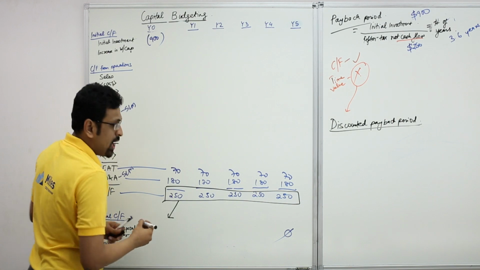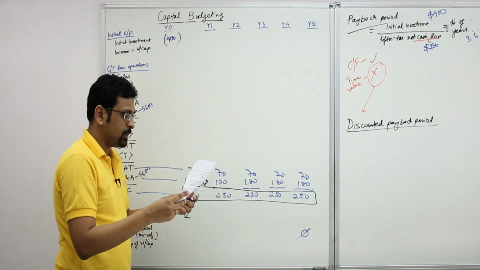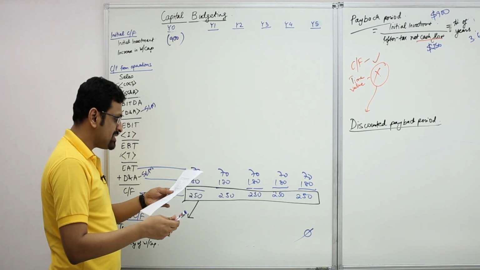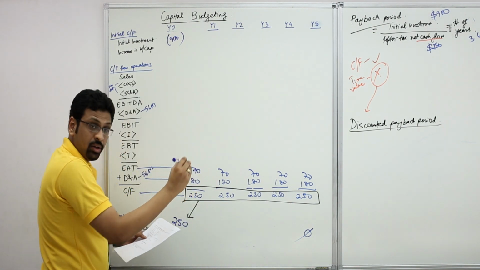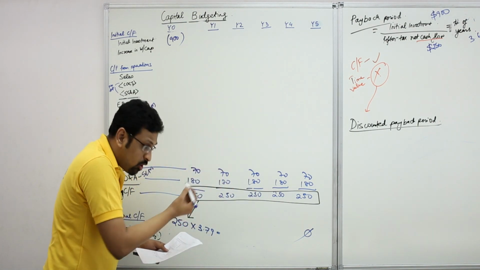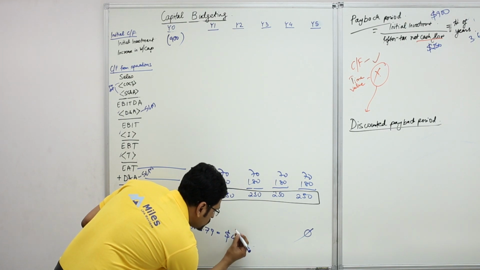What's the present value? So at hurdle rate of 10%, the present value factor for this annuity is 3.79. So 250, so it's an annuity into 3.79 gives us present value of cash inflows of $948.